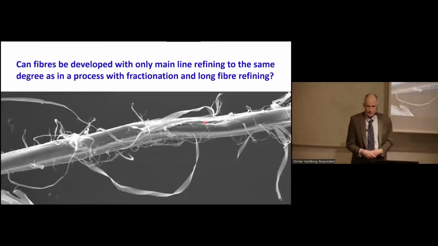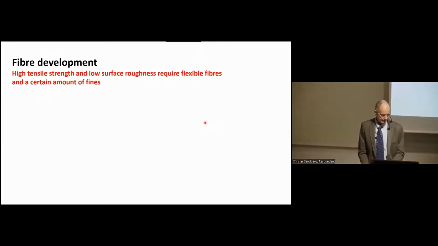Okay, but now we have shown tensile index, light scattering, and Shives content is okay. You can produce a pulp similar to final pulp. But if you go a little bit deeper and look at the fiber morphology, how does it look with the simplified processes?